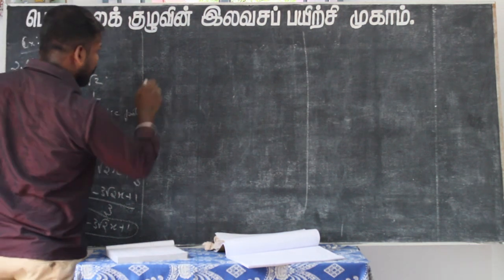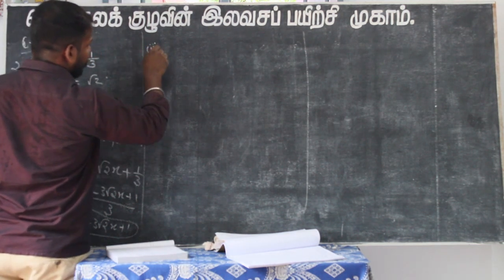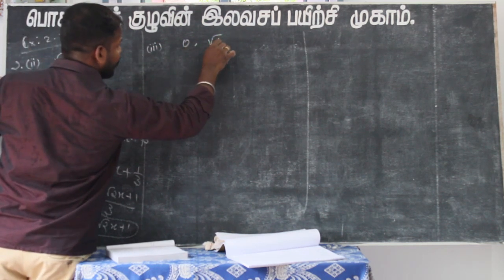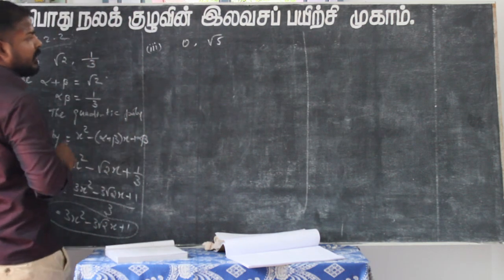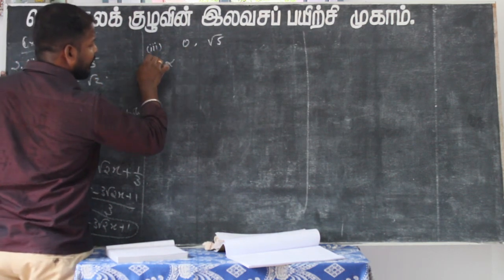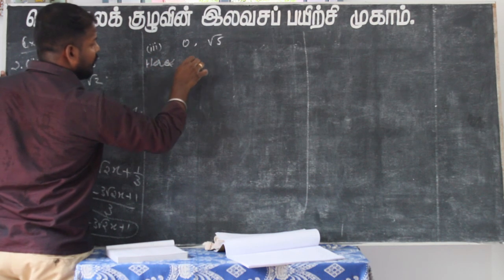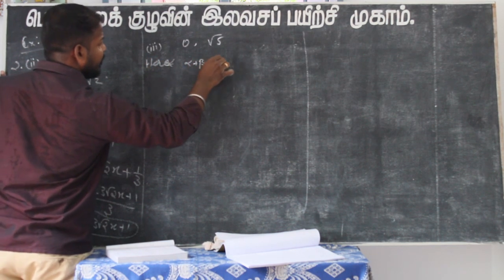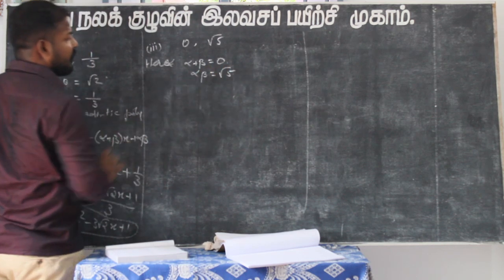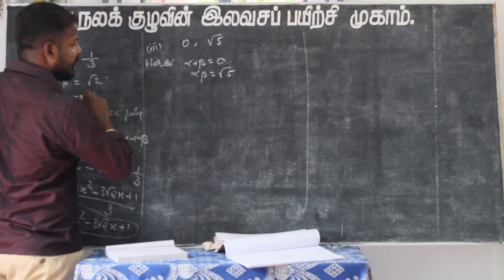Then next, I am going to solve the third problem. They gave 0 and root 5. The first one is the sum of the zeros, so alpha plus beta is equal to 0, and alpha into beta is equal to root 5. What will we get here?